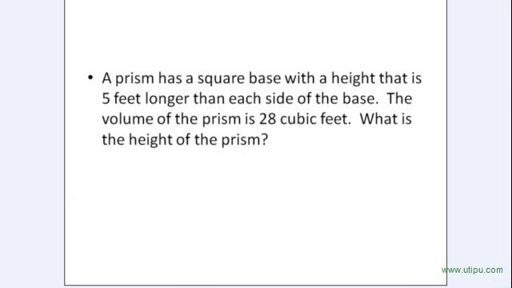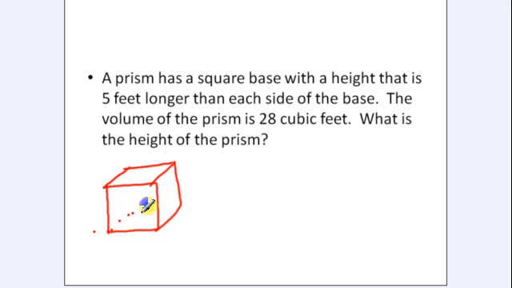Let's apply this knowledge to a word problem. A prism has a square base with a height that is 5 feet longer than each side of the base. All right, let's sketch what that means. So a prism has the same shape all the way up, and we're told that that base is a square. So if I look at the base, I know it's a square, so let's label it x by x.